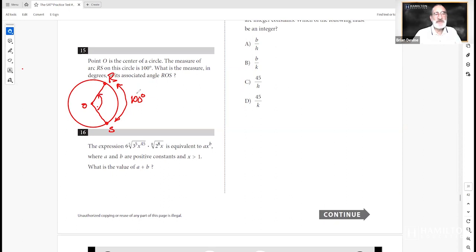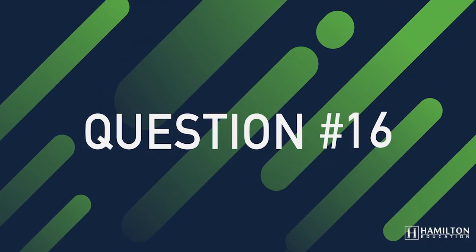Well, it just so happens that the angle with a vertex at the center of the circle, here O, has the same degree measure as the degree measure of the arc it cuts from the circle. So this has to be 100 degrees, and this angle has a measure of 100 degrees. So there's your answer.